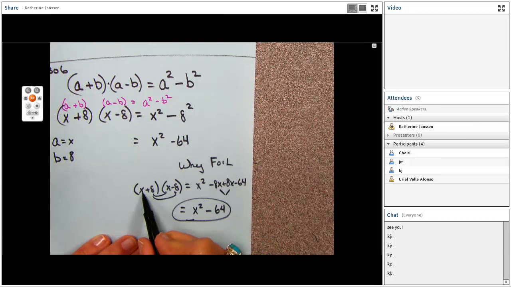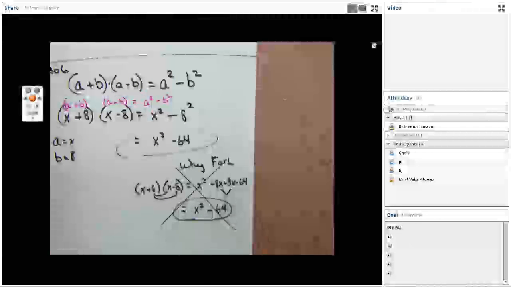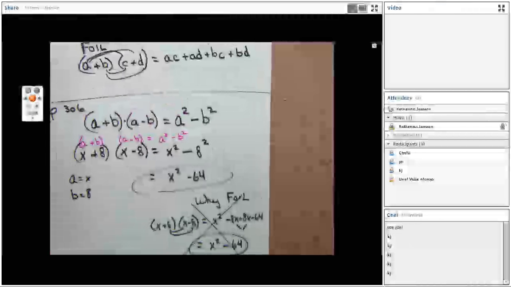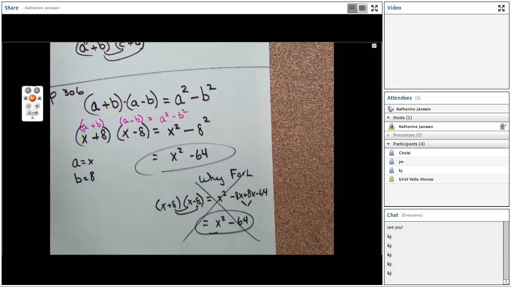Square the first term and subtract the square of the last term. Sure enough. So I don't need to go to all of this FOIL work when I begin to memorize these form patterns. And you will use these form patterns through your college math career. There's folks that can testify to that.